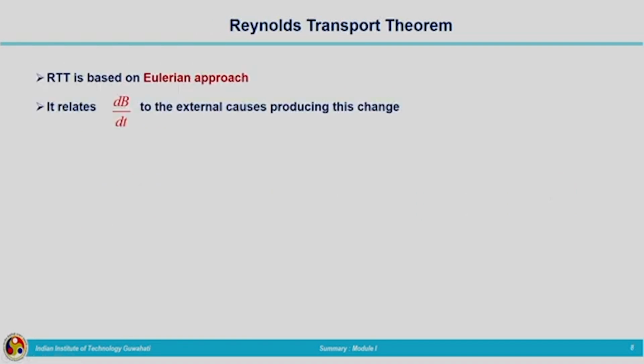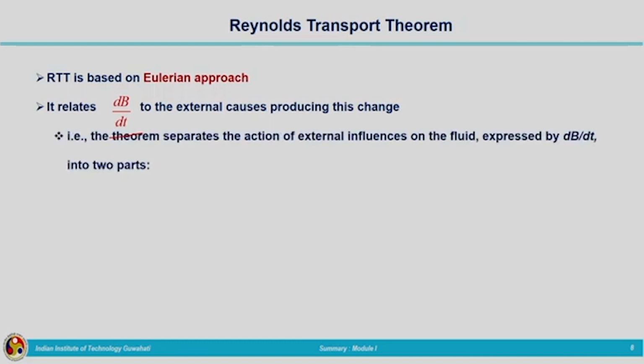What was this RTT doing? RTT was relating the time rate of change of an extensive property of the system to the external causes which are producing that change. So, the theorem separates the action of external influences on the fluid into two parts.